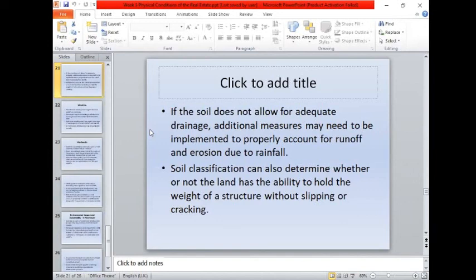So we classify or analyze the soil in the land that is used to develop, because, as I've said earlier, we also consider the topography, the land surface, the drainage, and the condition of the soil, whether it can avoid erosion for a long period of time.